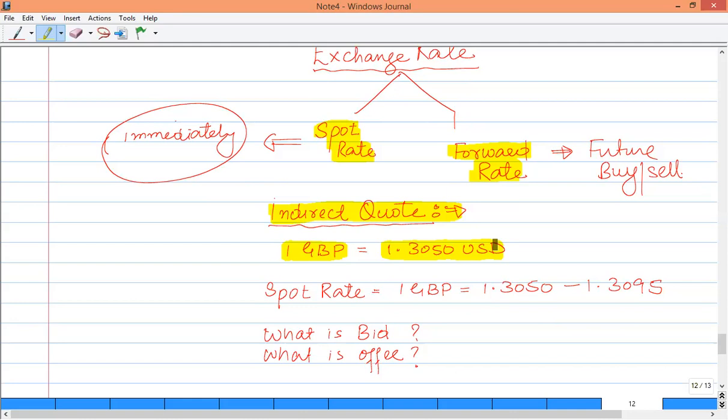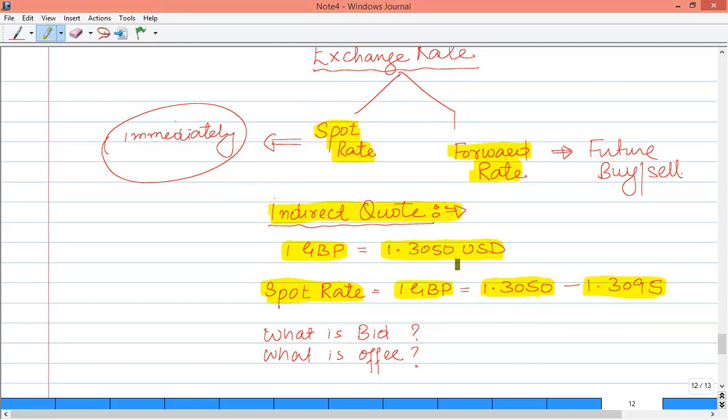Why is the quotation important? Because you have to identify the bid rate and the offer rate according to the indirect or direct quote. For example, if you want to buy or sell currency now, a spot rate has been given, but the problem is that for the spot rate, there are two rates. One is obviously a buying rate and the other is obviously a selling rate, because the bank usually earns a premium from the difference between these buying and selling rates, as the currency is being quoted as one local currency unit.